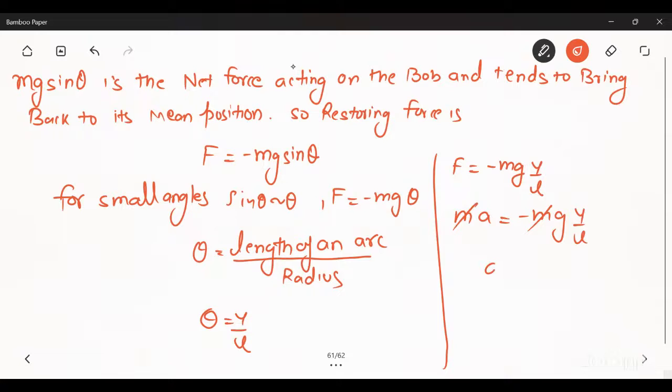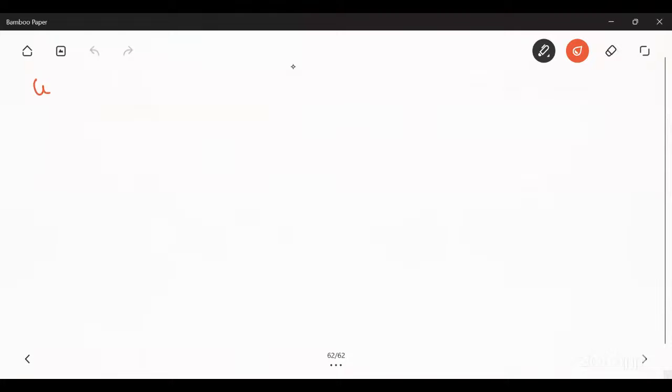So a is equal to minus g y by L. And we know that acceleration is minus omega square x, here the displacement is y, so minus omega square y is equal to minus g y by L. The minus sign will be cancelled, y will cancel by y. So omega square is equal to g by L, so omega equals under root g by L.